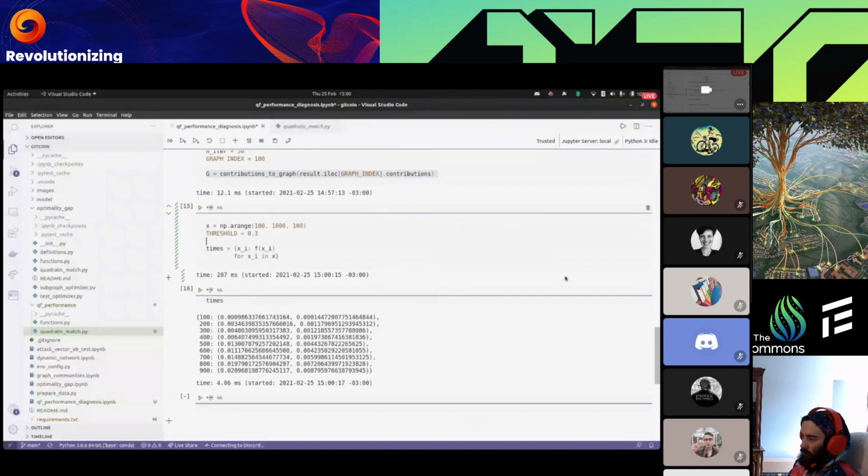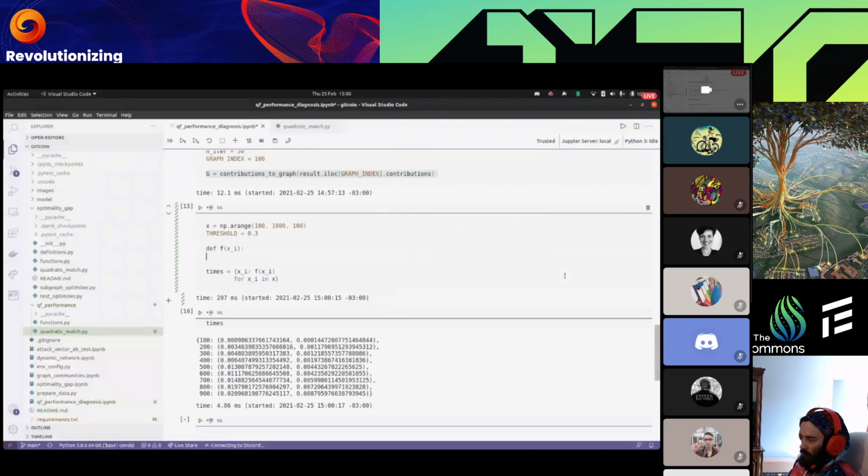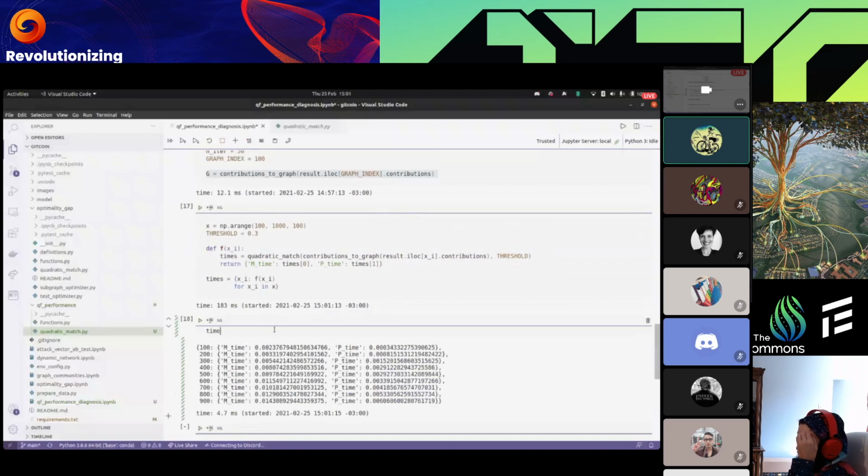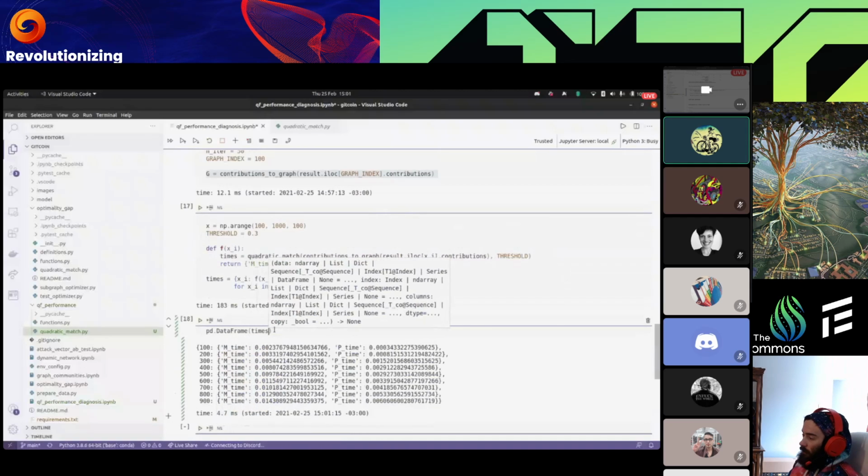So fxi, ffxi. If you are lucky, maybe we can create a dictionary with that.